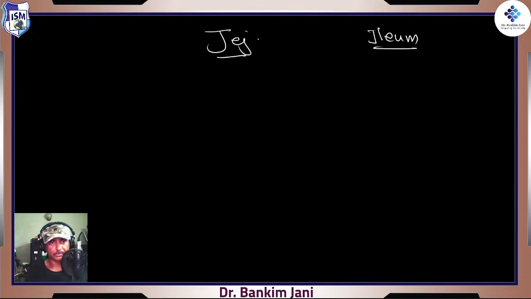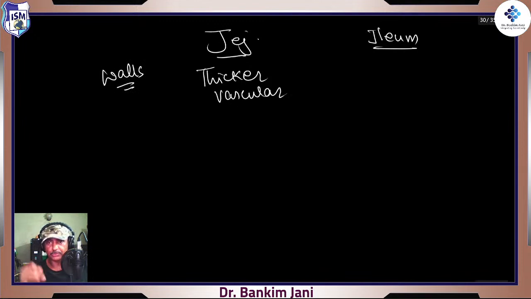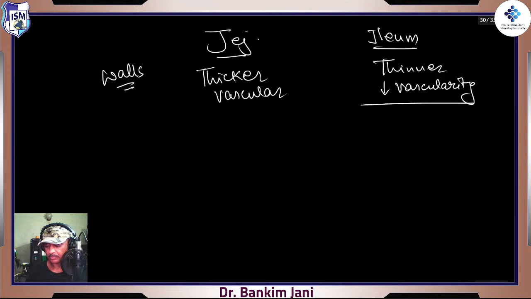In case of the jejunum, the walls are thicker and vascular, and as you reach the ileum, they are thinner and the vascularity decreases. In the jejunum, the vasa recta are short because there are 3 to 4 arcades.